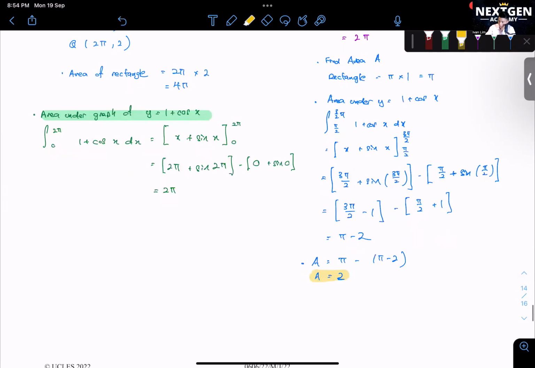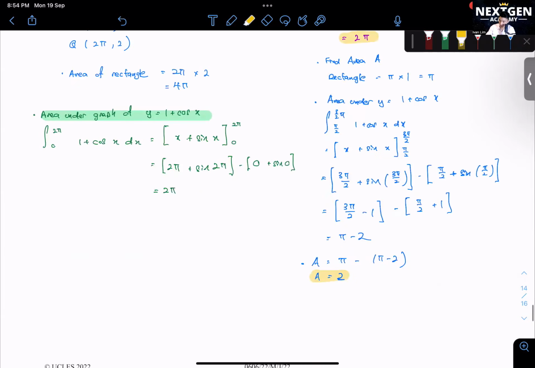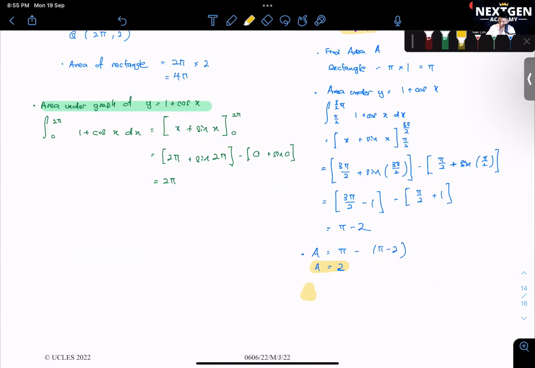What we know based on the equation we calculated is A plus B equals 2 pi, which is what we found here. We know that A is equal to 2, so 2 plus B equals 2 pi. B equals 2 pi minus 2.